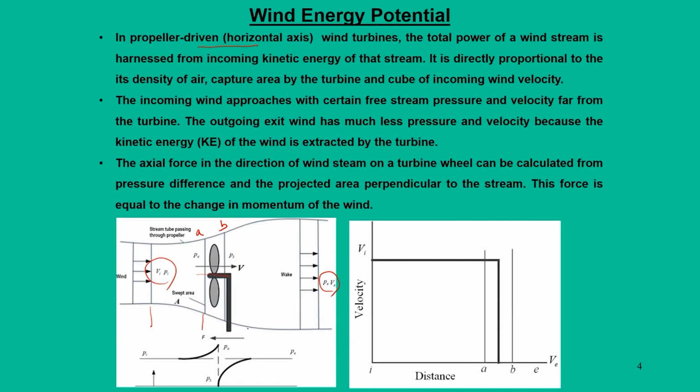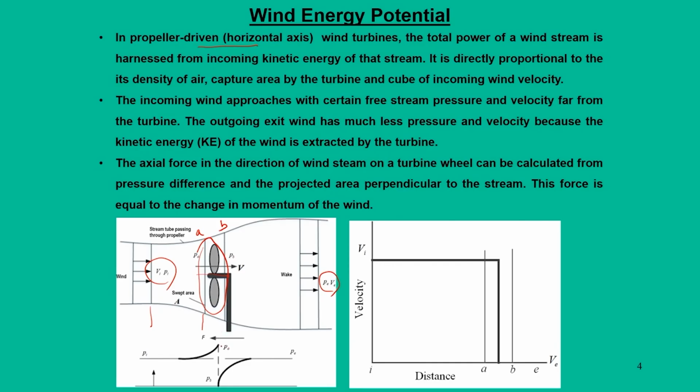We can see there is an increase in pressure when the stream approaches the turbine, and again when the flow leaves the turbine there is also an increase in pressure. So, what happens in between? This is the zone where the entire kinetic energy of the flow is taken by the rotor or propeller.